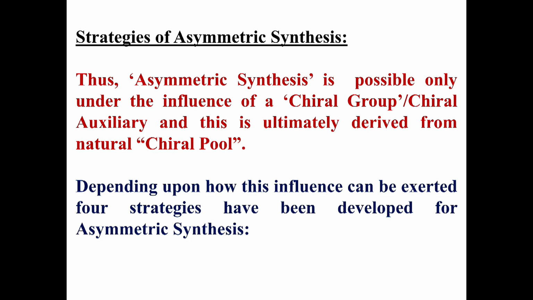I guess you have the keywords with you. Clear? So for this fourth, the asymmetric synthesis using the achiral substrate, we have to study 4 generations. Those generations will tell you how you are going to plan the asymmetric synthesis.